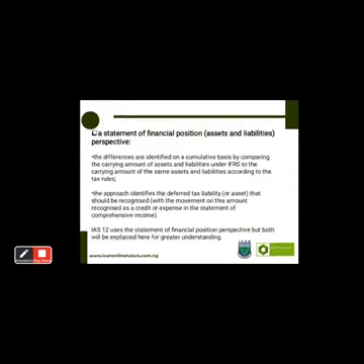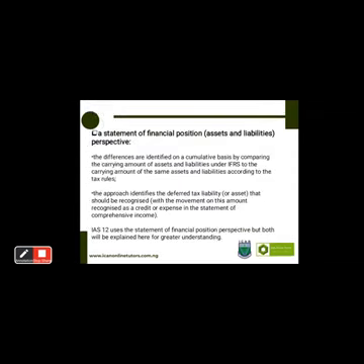The differences arise when we compare the income and expenditure recognized under IFRS to the equivalent figures based on the tax computation by the tax legislation. If you have any differences, you'll have a deferred tax expense or credit that is recognized in the statement of comprehensive income.